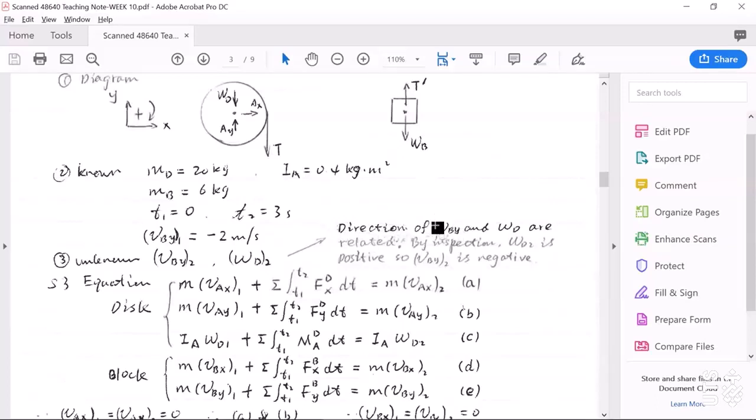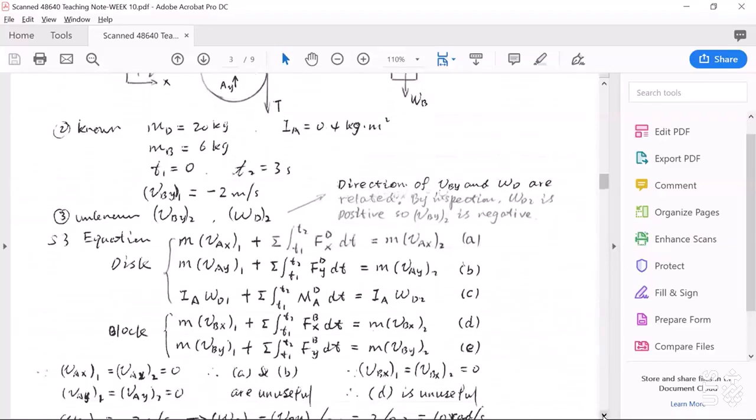If the direction of VB2 is downward, then omega D, the angular velocity of this disk, must be clockwise. So according to this defined coordinate system, if omega D2 is positive, then VBY2 should be negative.